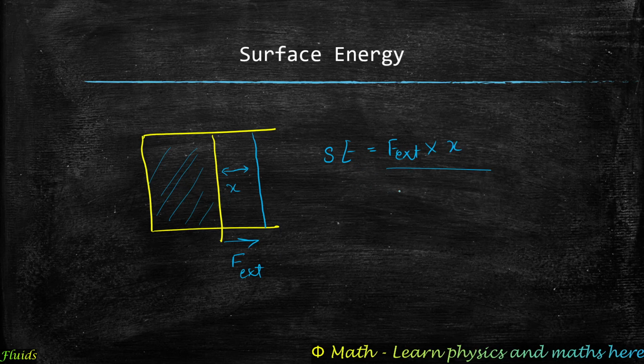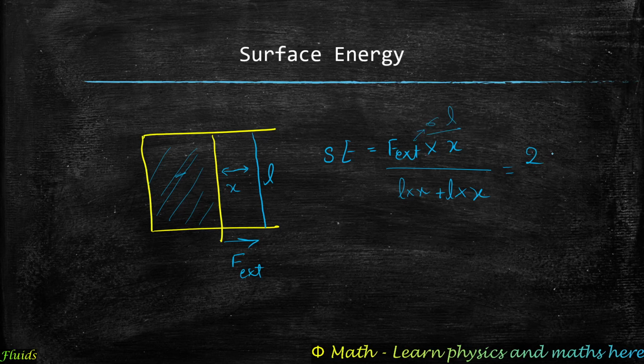divided by L into x, where L is this length, the change in area, plus L into x, because there are two surfaces. The first surface is in the front and the second surface is in the back. So from here we can see that this F external is nothing but just sigma L, as we have seen in the example.